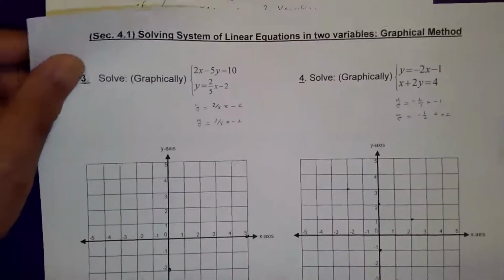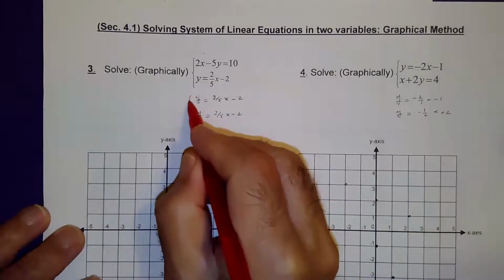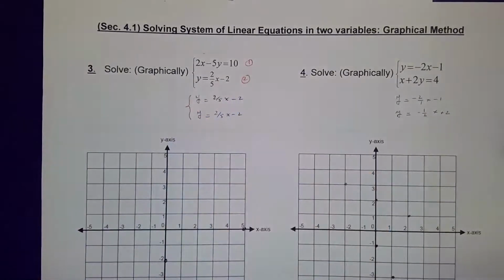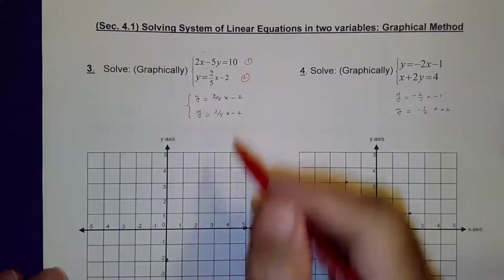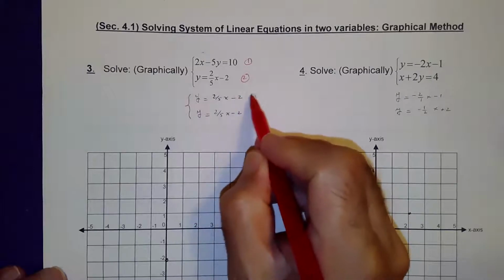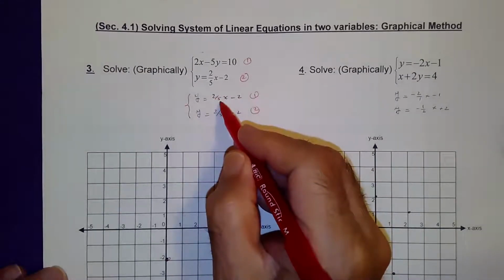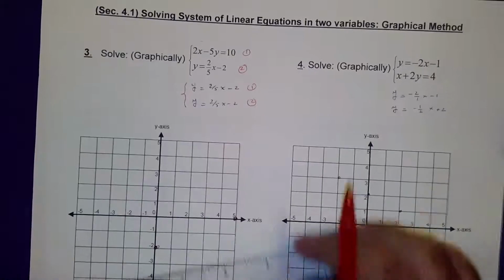On the other hand, let's take a look at equation number 3, problem example number 3. So if you put equations 1 and 2 in the slope-intercept form, that's what you get. In this case, the y-intercept for equation number 1 is -2, slope is 2/5. So I have to go up 2 and 5 over. When I do, I get this line.